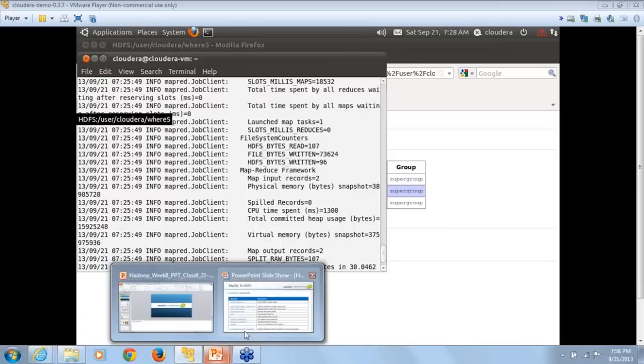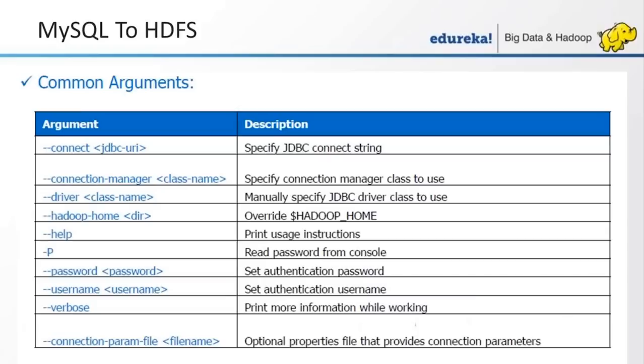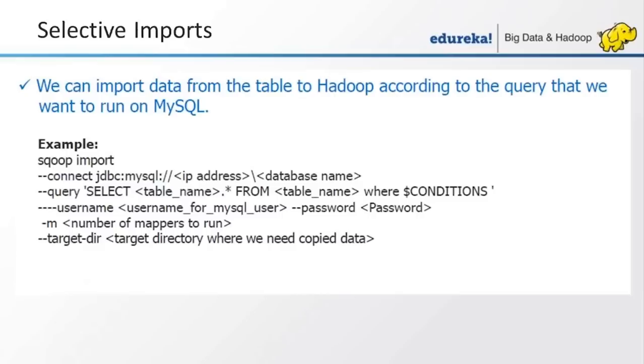Selective import. This is where I was mentioning to you how you can use a query. We can import data from the table to Hadoop according to the query that we want to run on MySQL. So let us run a Sqoop import with the keyword query.